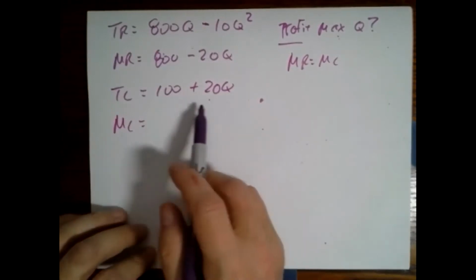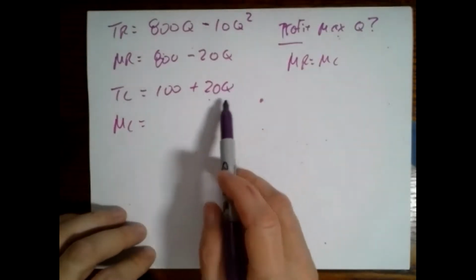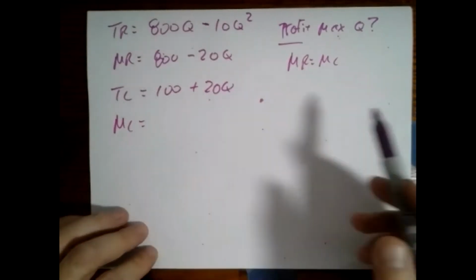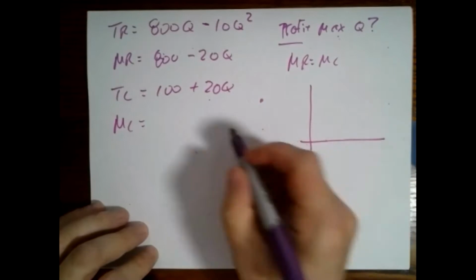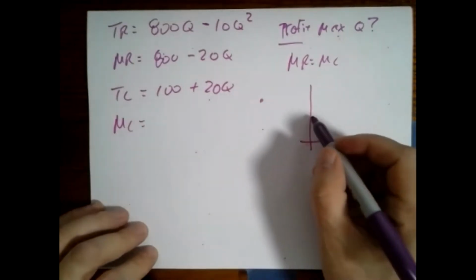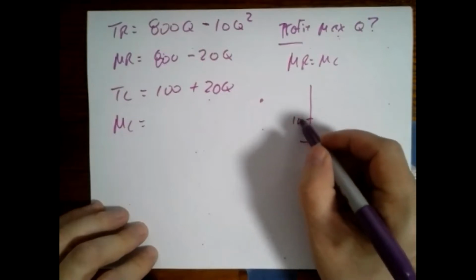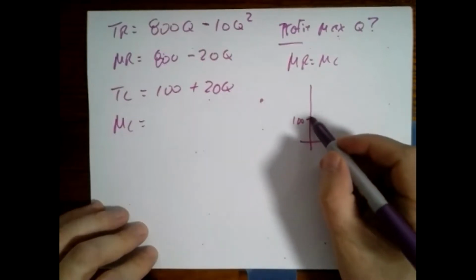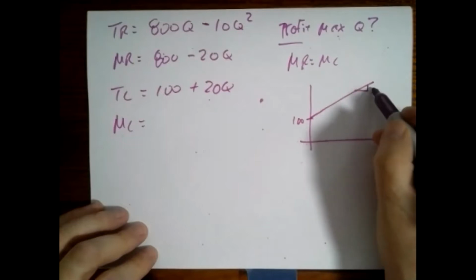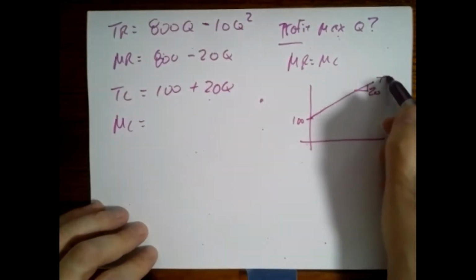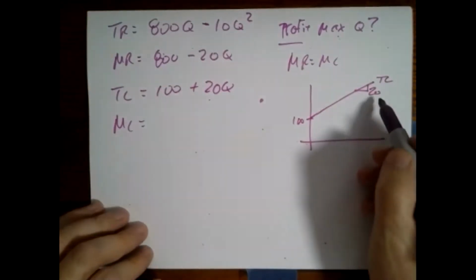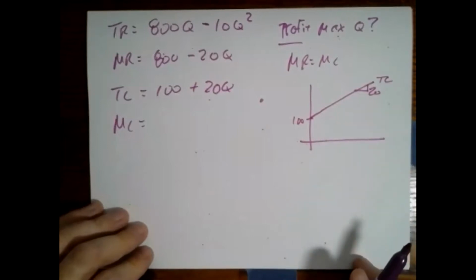And this one's pretty straightforward, right? Because it doesn't have an exponent. So you know that total cost is going to start at 100, and then it's going to go up at a slope of 20. That's our total cost curve. And so that slope is the marginal cost.